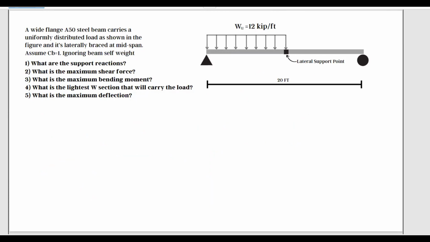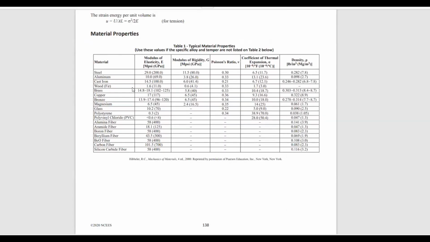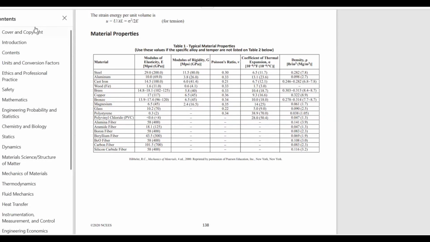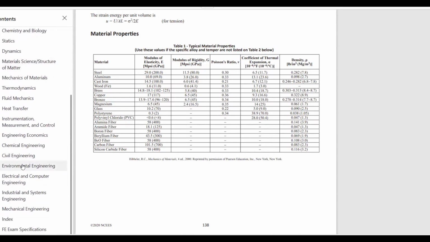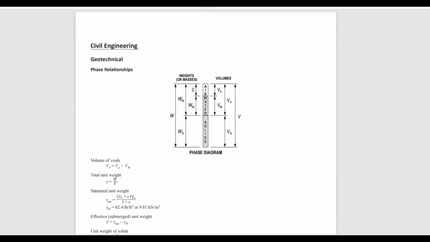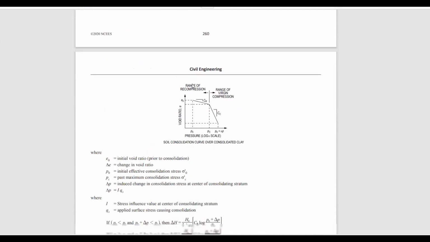Now let's go to number 4. Number 4 says, what is the lightest wide flange section that will carry the load? Now, how do we solve this one? Okay, so here we're going to go to the FE Handbook. And I wanted to show you in the civil engineering under the structural engineering, right?